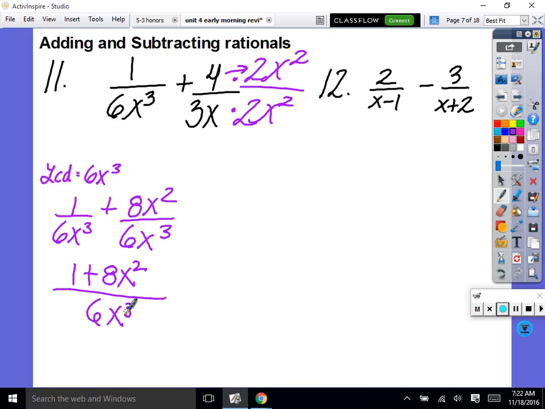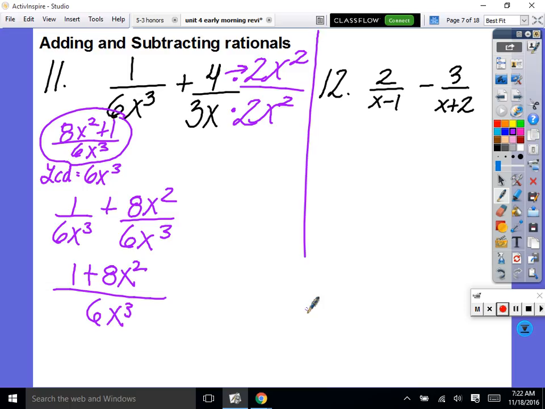Okay, so now that I've combined all like terms, I really should put it in standard form: 8x squared plus 1 over 6x cubed. So now my question for you is, does that simplify? No, right? It doesn't. We can't divide things out in sections, correct? The plus sign, and that's a quadratic that does not factor. So we're good. Everybody understand? Don't do weird things. Okay.